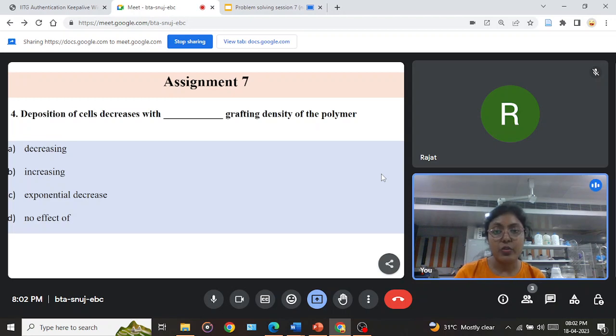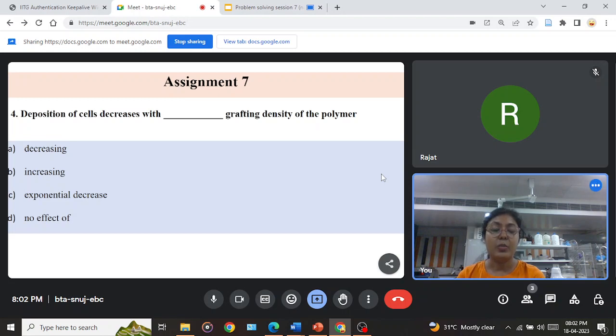So where does the grafting density of the polymer come from? We studied this in the case of polymer brush coatings, or you can say during polymer grafting.